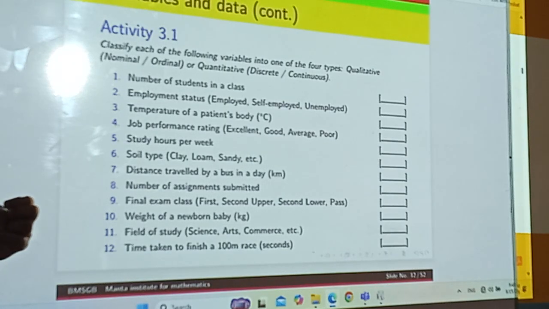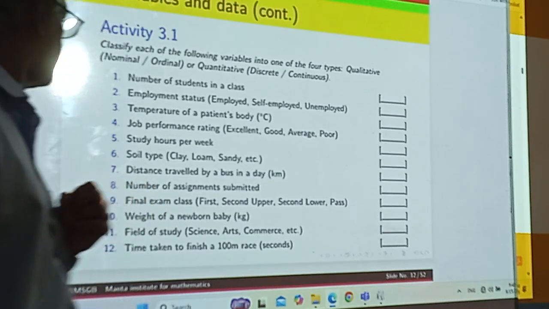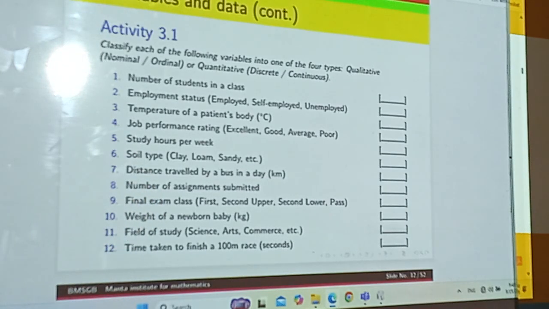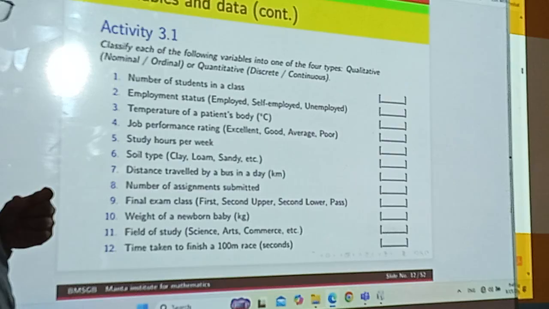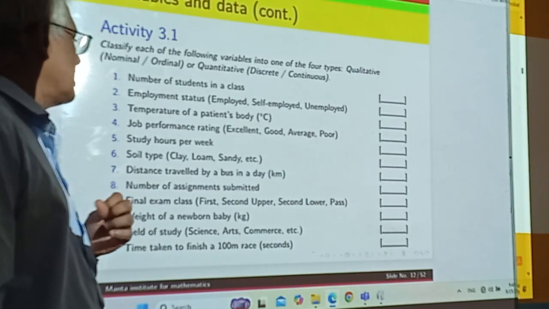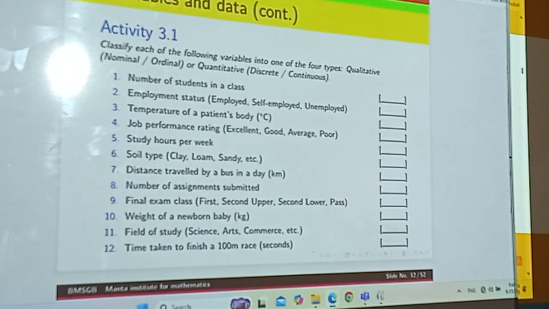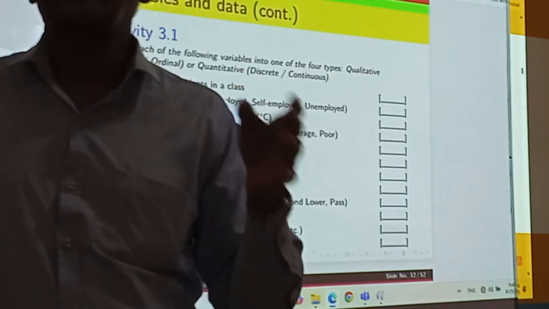Soil type: clay, loam, sandy, etc. Qualitative, nominal. Distance traveled by a bus in a day in kilometers. Quantitative, again depends on the question. In kilometers it can be decimal numbers, so it can be anything.